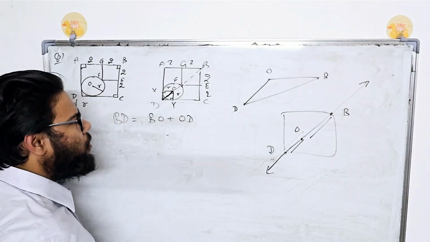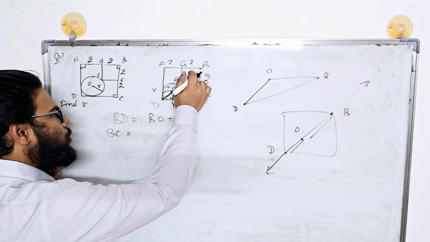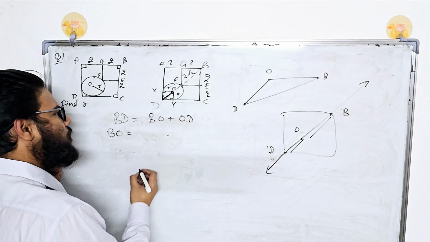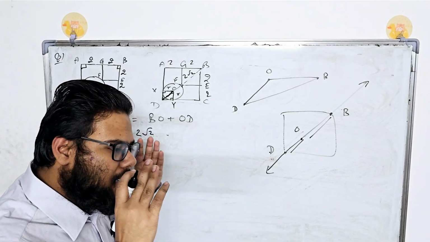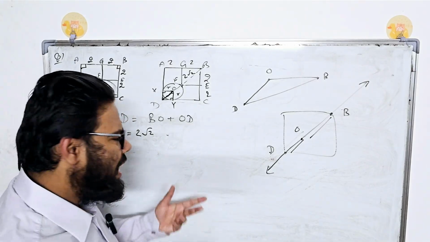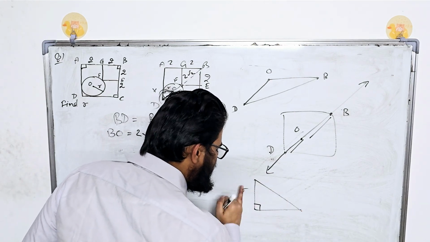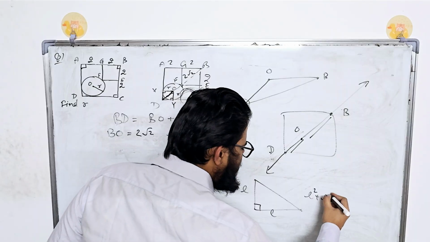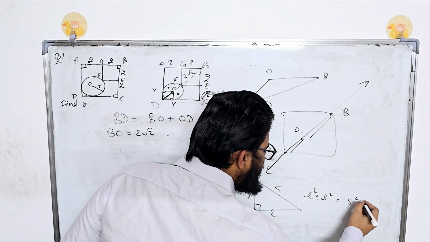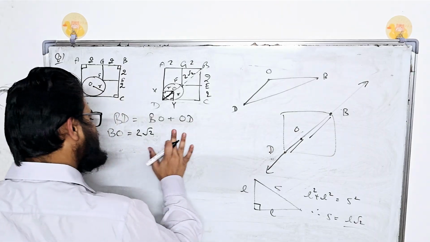Now BD can be written as 4 root 2, since diagonal is equal to side length into root 2. Why? Because suppose the sides are L and L, so L square plus L square is equal to S square, hence S is equal to L root 2.